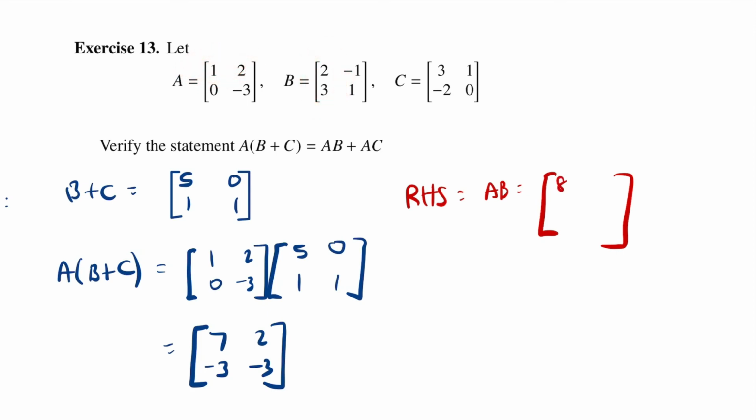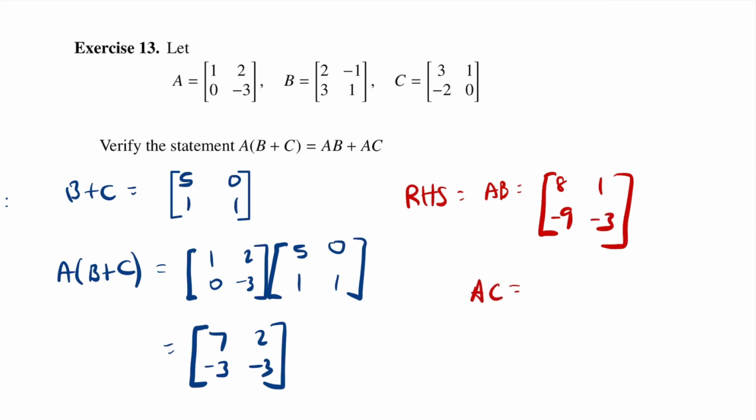Now we're going to do the next column over. Negative 1 plus 2 is 1. Now we'll do second row, first column. That's 0 minus 9. And last one, 0 minus 3. Now let's do A times C.